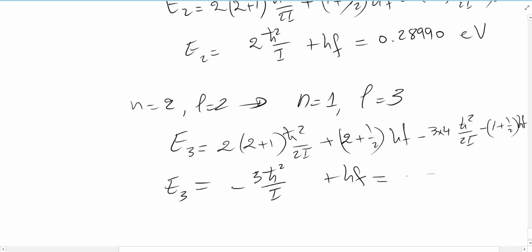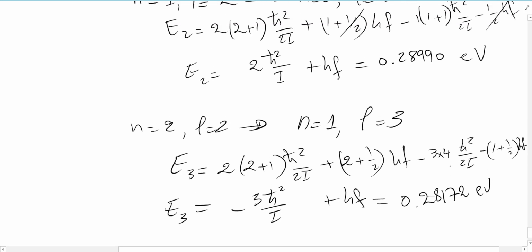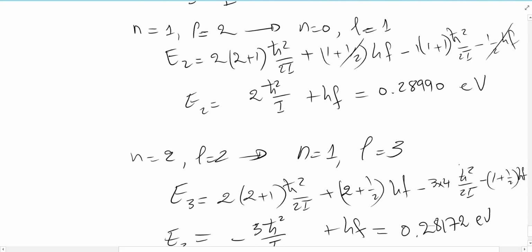So it's going to be 0.28172 electron volts.